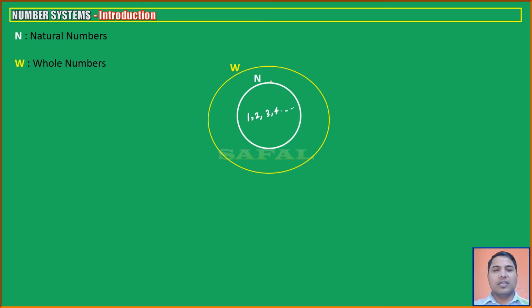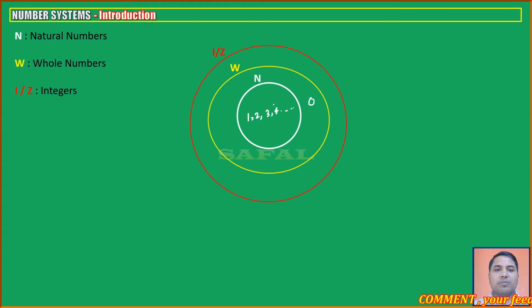Whole numbers. So whole numbers are basically the collection of natural numbers and 0. From here I can see that every natural number is a whole number, but is every whole number a natural number? No, that's a false statement, because 0 is a whole number which is not a natural number. It is not inside the white circle.